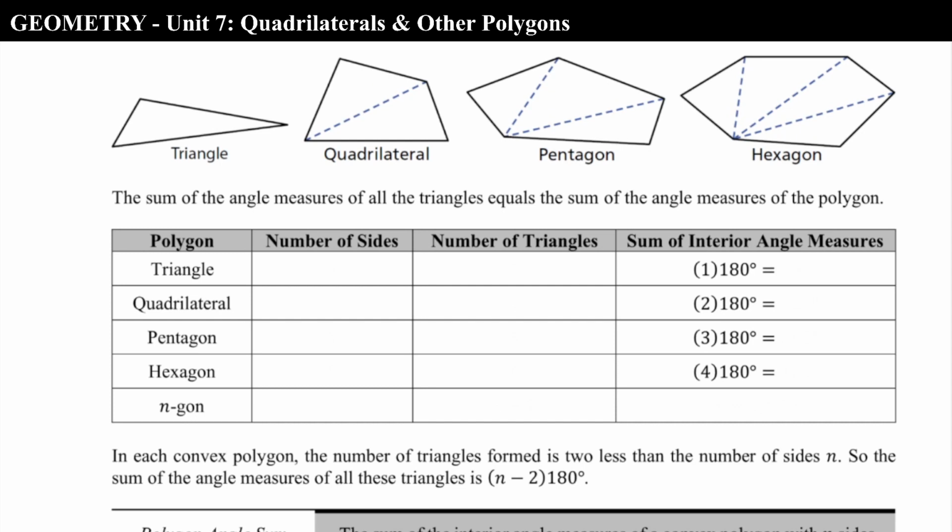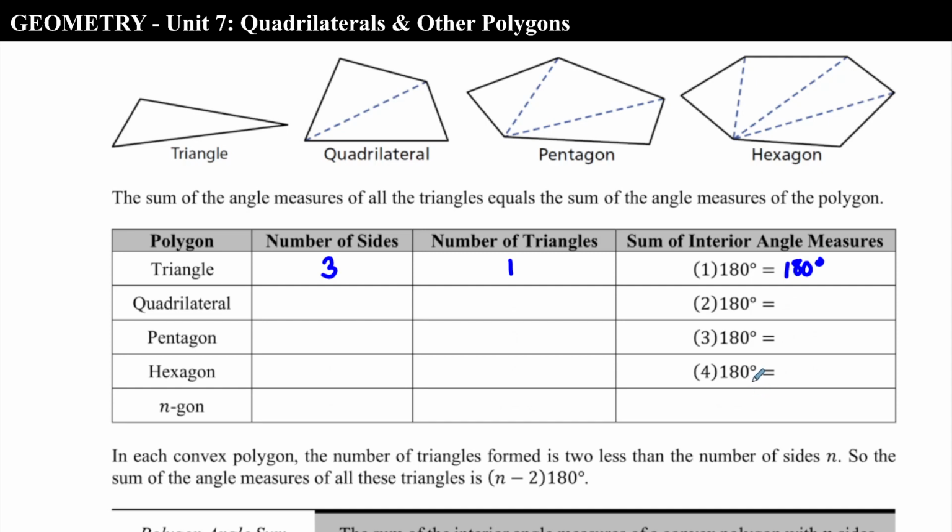So let's take a look at what that means. A triangle has three sides. We end up with one triangle because there are no diagonals to split it into more than one triangle. So the sum of the interior angles is going to be 1 times 180, so the interior angles measure 180 degrees.